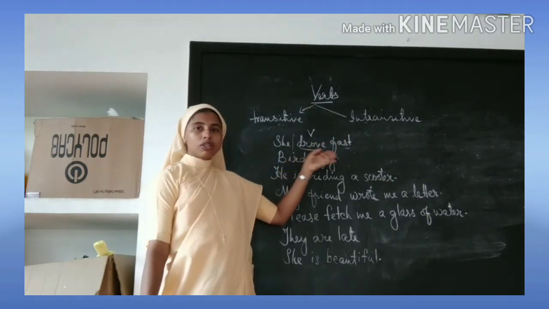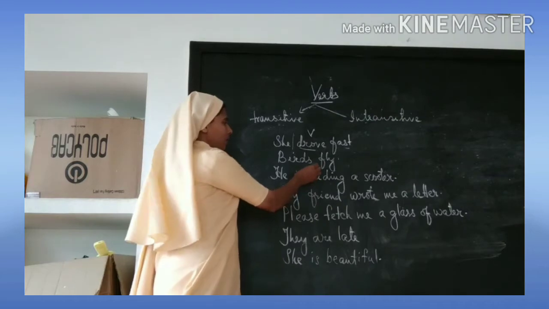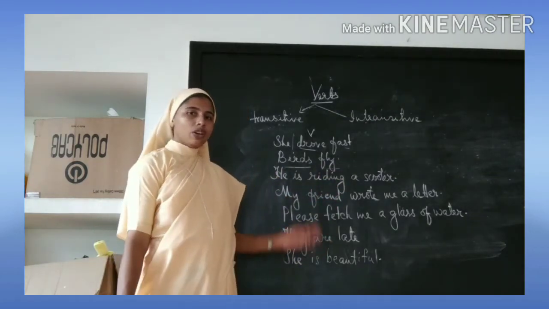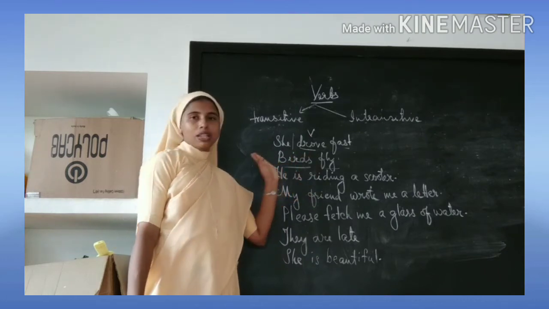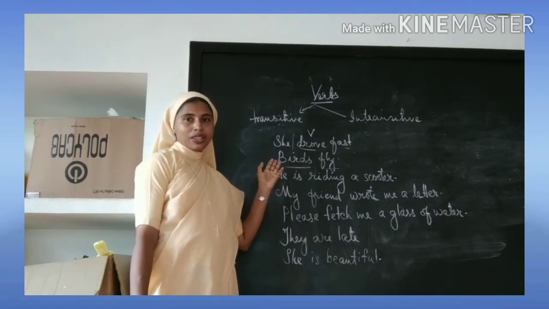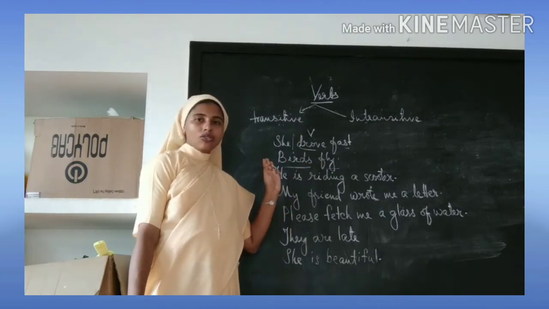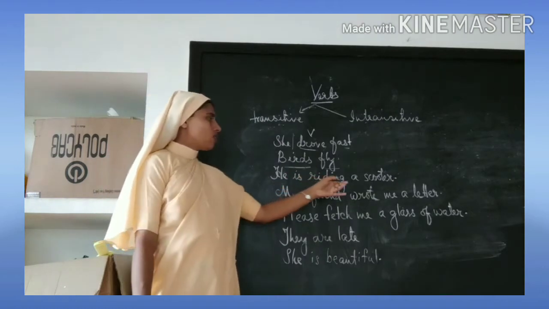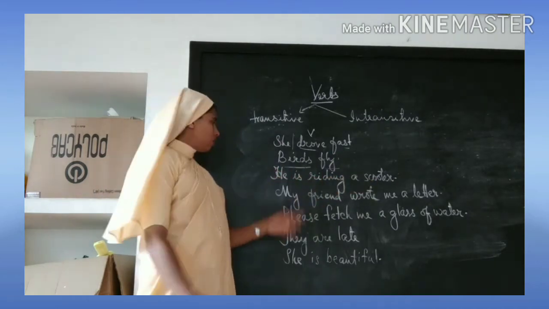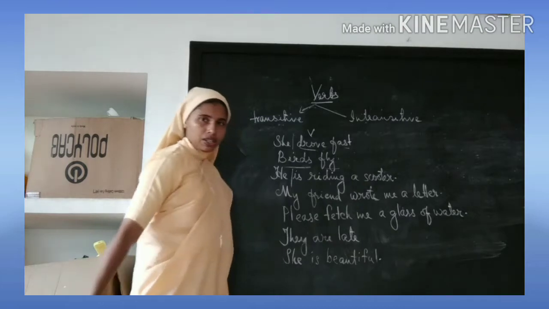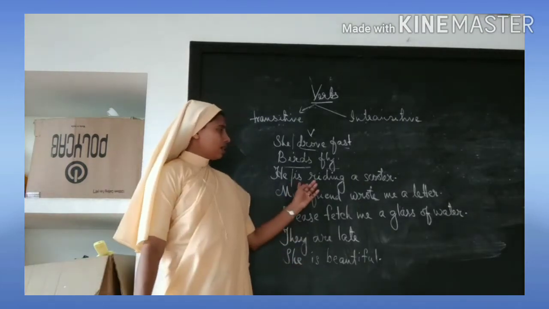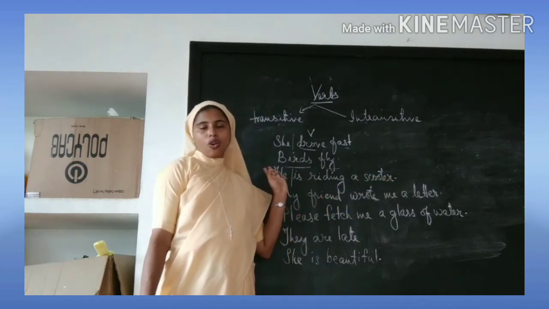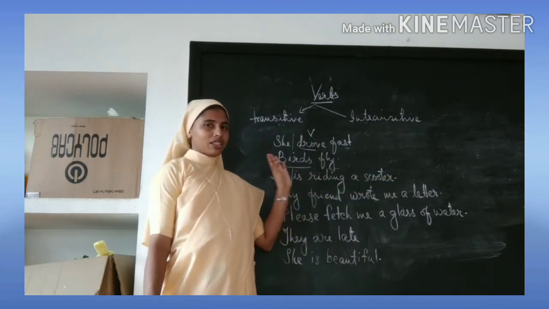Next example, birds fly. What is the subject? Birds. Fly, verb. Without having an object, this is complete in its sense. So this fly is an intransitive verb because it doesn't have an object. The third one is he is riding a scooter. Subject and predicate: he, subject; is riding, verb; a scooter, object or receiver of the action.